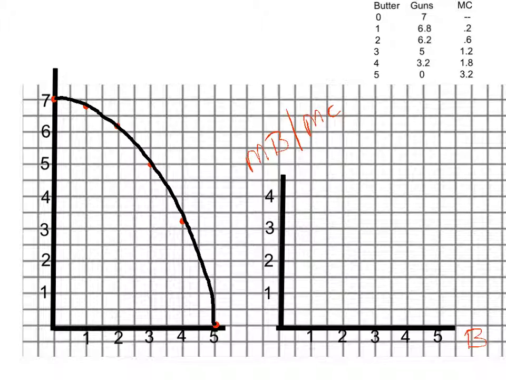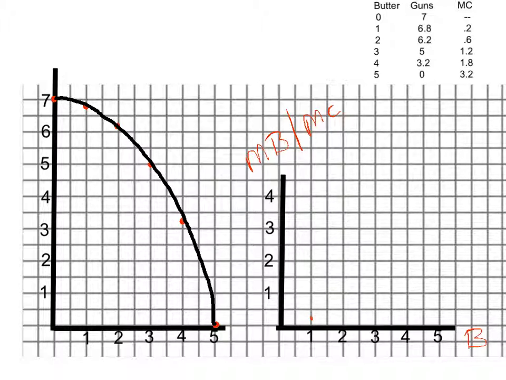So let's go ahead and do that. Let's graph the marginal costs of butter. The marginal cost of the first unit of butter we already found to be 0.2. That was right here. So let's go ahead and graph that. First unit of butter, marginal cost was 0.2. I don't know, something like right there.